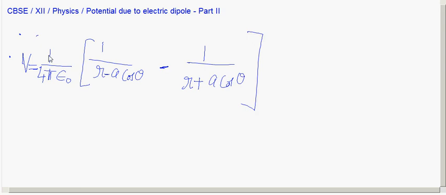So here it is q by 4 pi epsilon naught into, now let us take the common denominator.